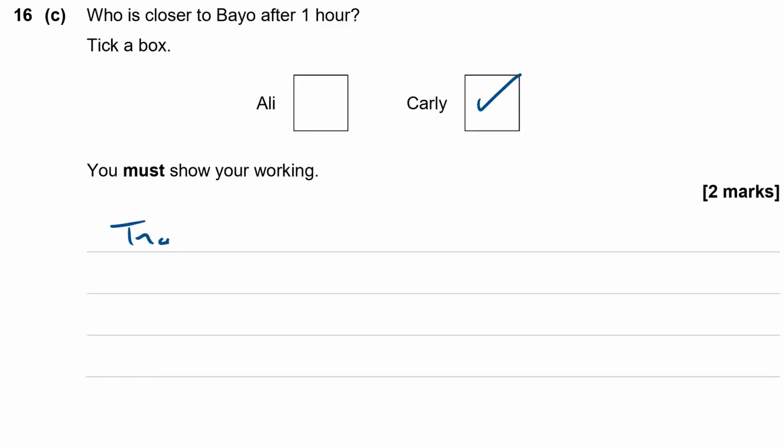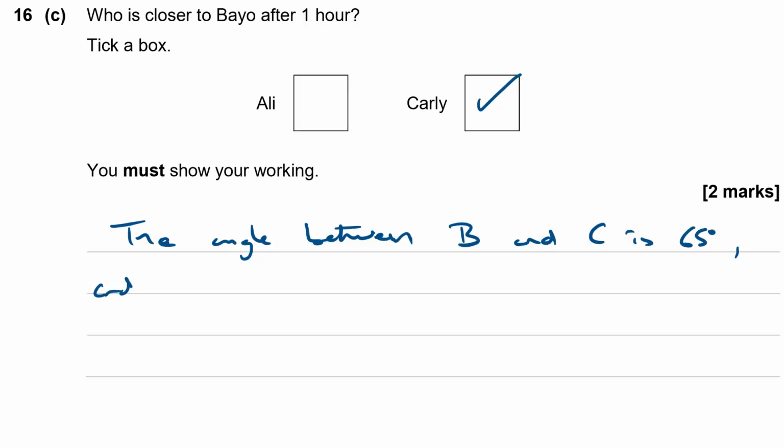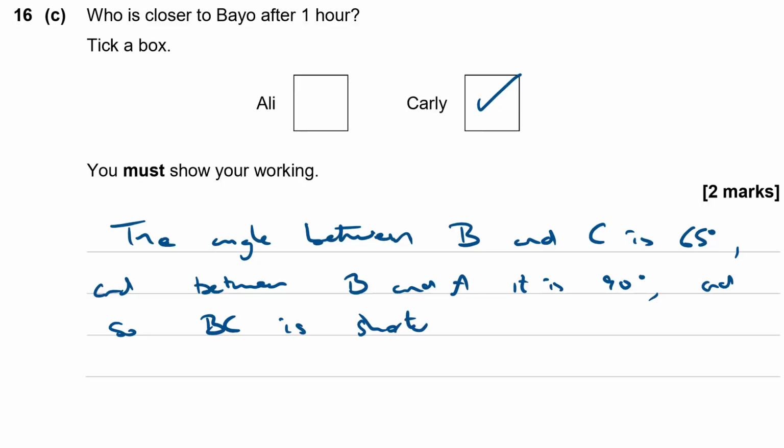The angle between B and C is 65 degrees, and between B and A it is 90 degrees, and so BC is shorter than AB.